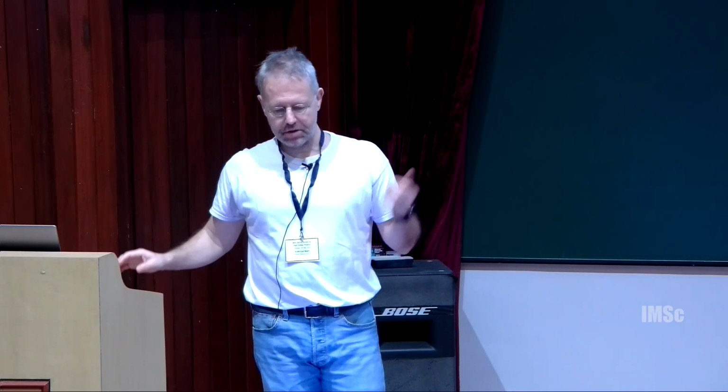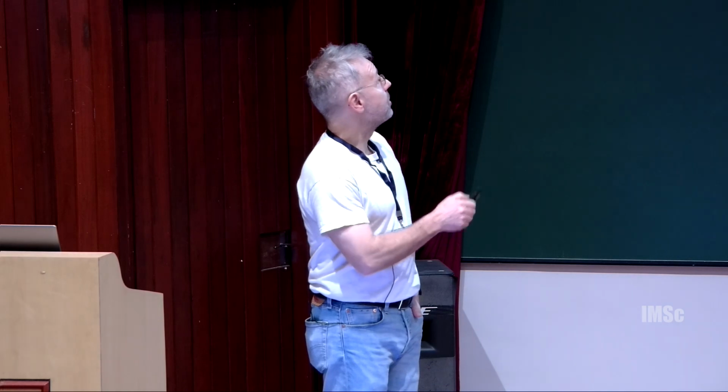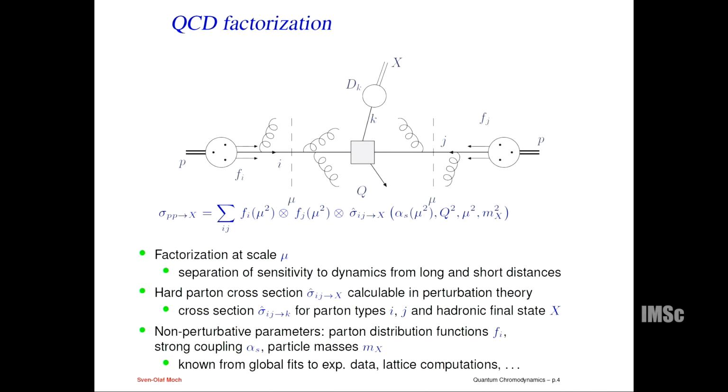Think of this as q-qbar annihilation producing two jets back to back at high transverse momentum, or think of this as the Drell-Yan process, where you have q-qbar annihilation and you produce a Z boson as a final state, and then this applies. If we move on, I will discuss the Drell-Yan process in more detail, and then you have some concrete example which you can associate to that picture. Okay?